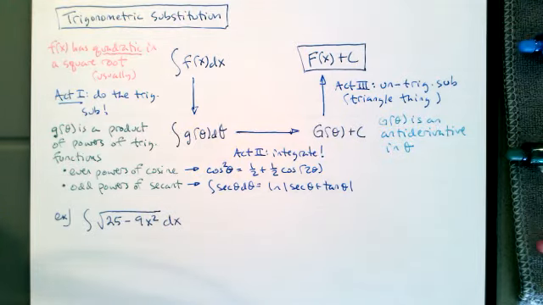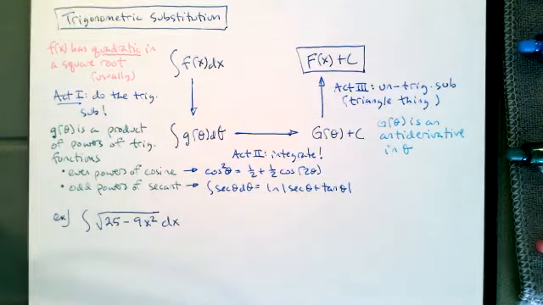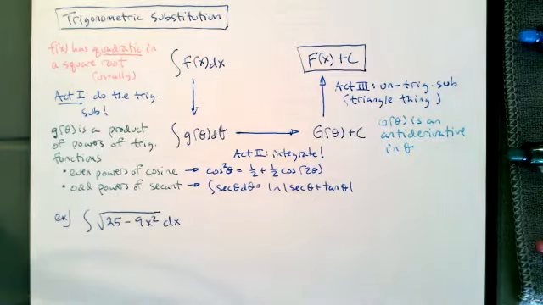What we notice is that we have a coefficient in front of the x squared. So one of the things that we might do is factor out the coefficient of x squared so that we can see what our trigonometric substitution should be. Maybe we don't see it right away, so let's do a little algebra on this.